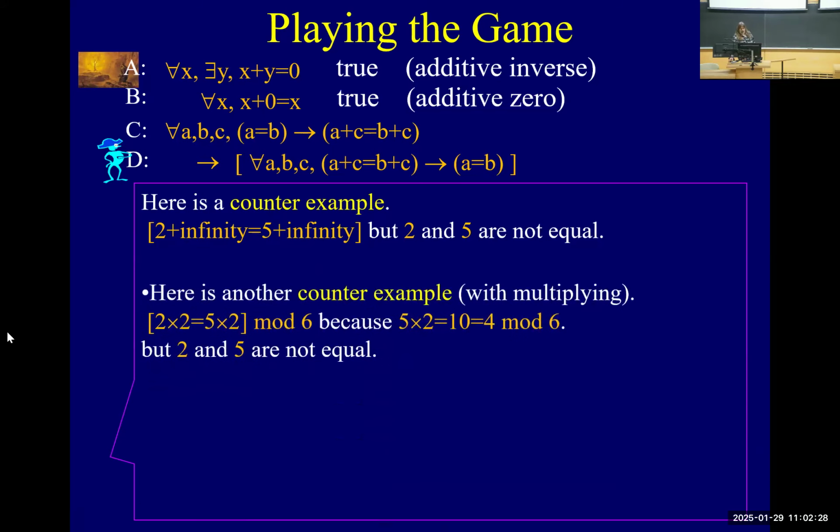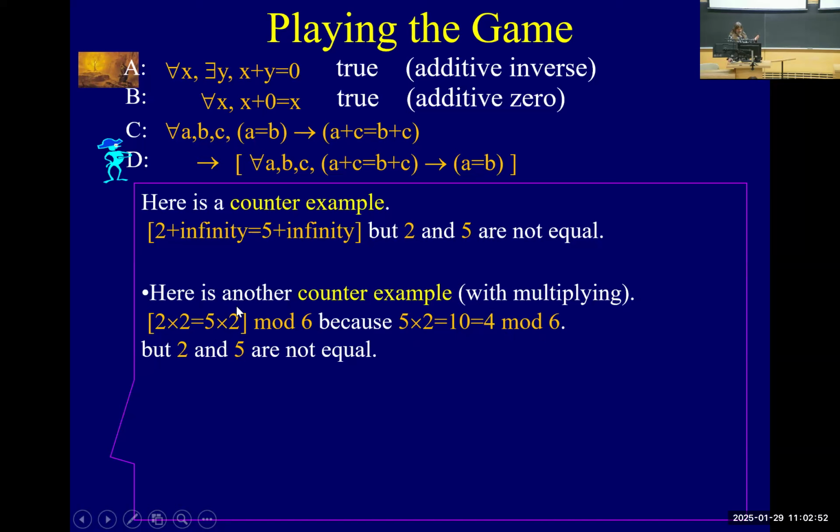Here's another one, mod 6, if you know how to work mod 6, right? 2 times 2 is 4, still mod 6. 5 times 2 is 10, which is 4 mod 6. These are equal mod 6.